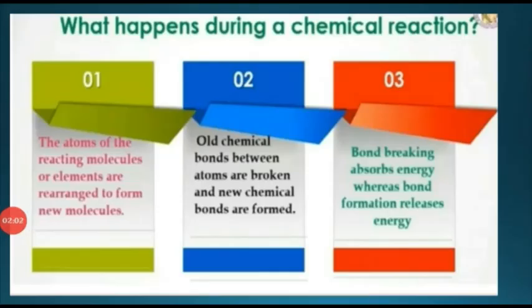Next, we are going to see what happens when a chemical reaction takes place. In a chemical reaction, the atoms of the reacting molecules or elements are rearranged to form new molecules.